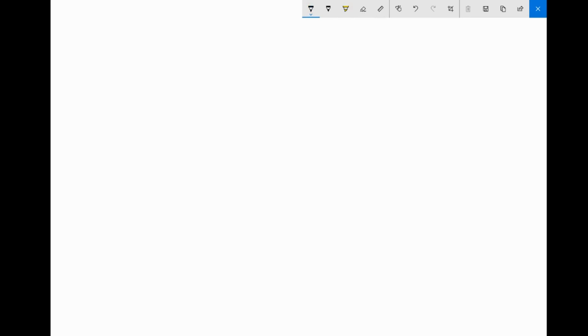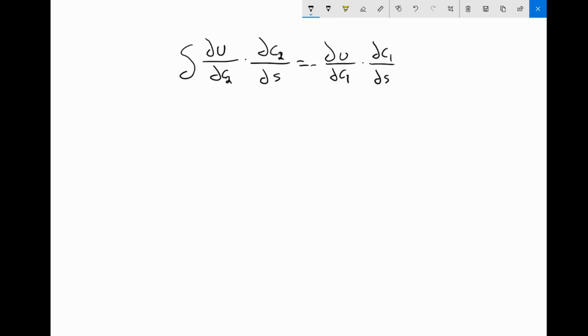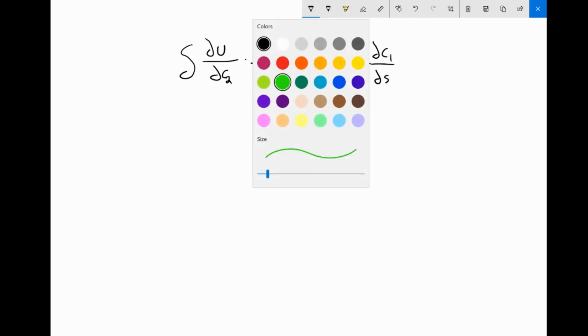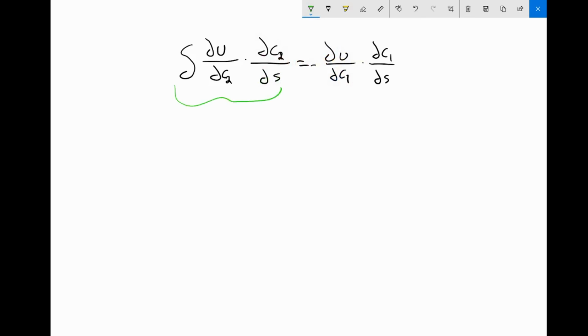Okay, so what we have here is the marginal benefit equals the marginal cost. Whoops. So this is 2. This is 1. All right, so the marginal benefit equals the marginal cost.